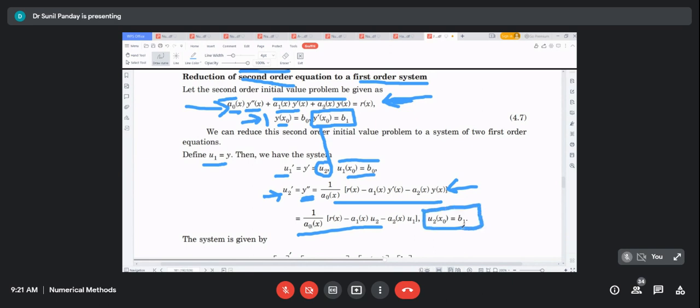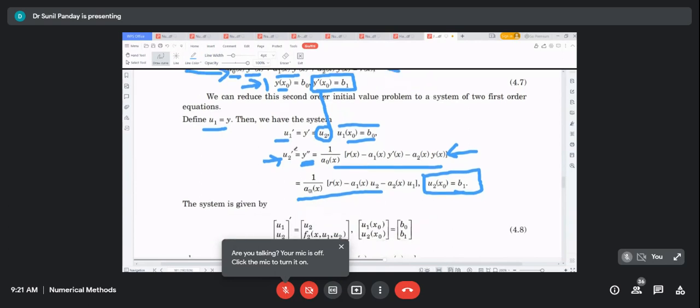So you can see that we have reduced our second order differential equation into a first order system of differential equations. And here we have one variable u1 and another variable u2. We can rewrite this system of first order differential equations in matrix form also, like u1, u2, and this dash is actually not a transpose, it's a derivative.